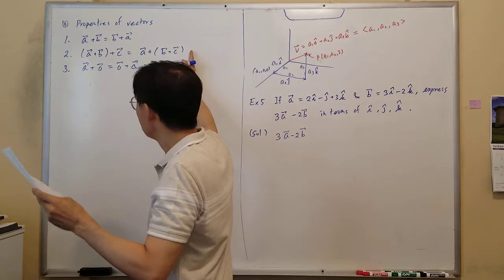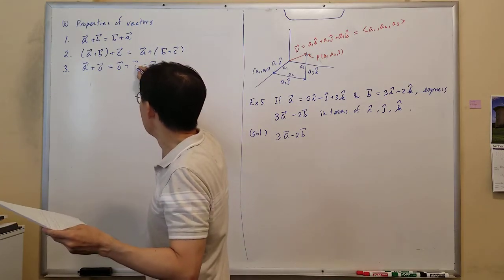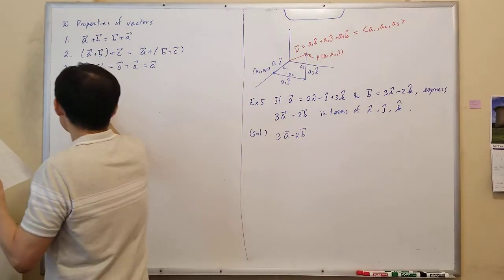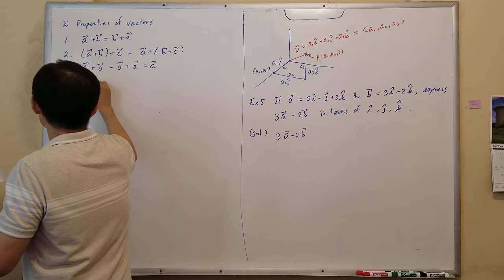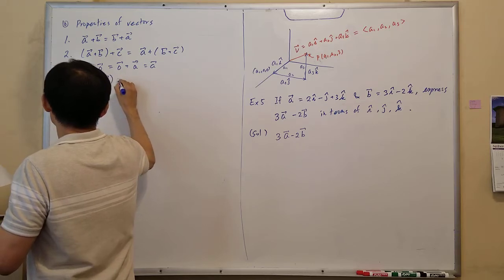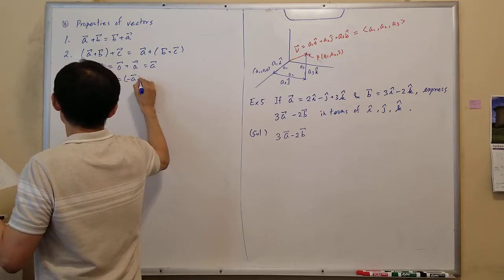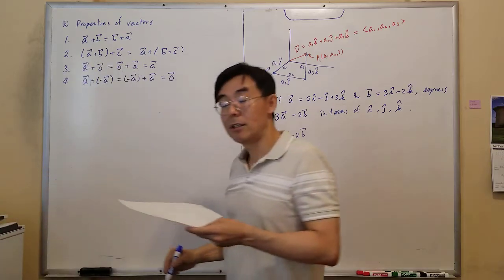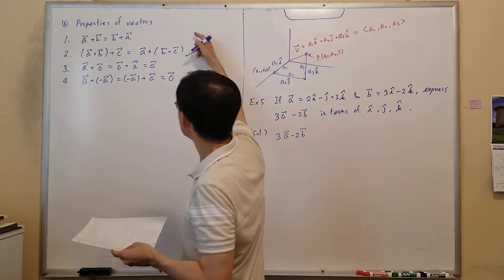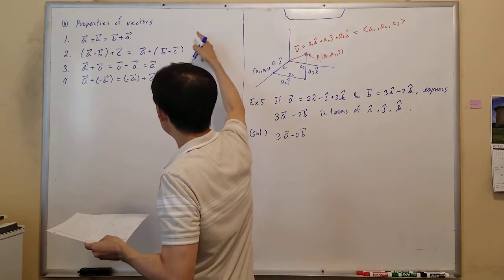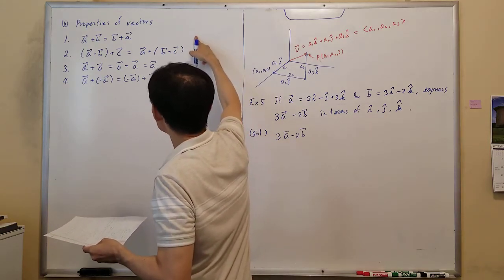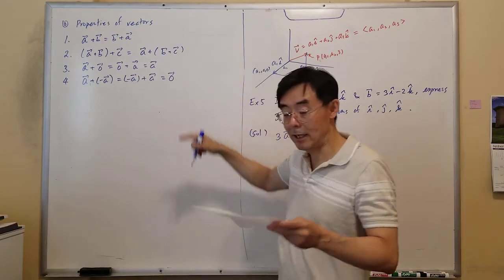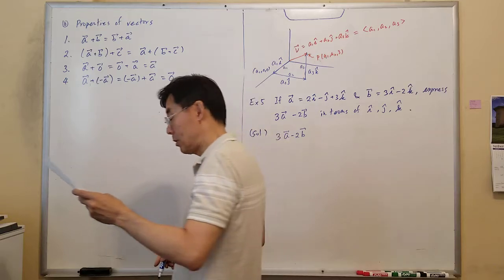Third, the existence of identity in vector addition, and the existence of an additive inverse. Obviously, here, for all vectors A and B, for all vectors A, B, C, for all vectors A.